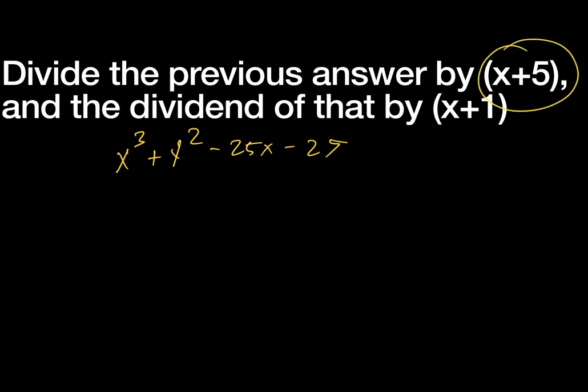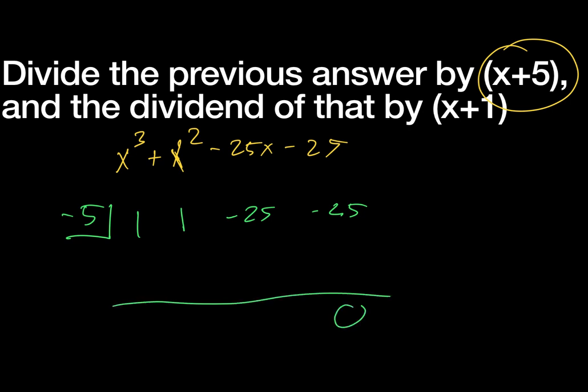Divide it by x plus 5. So you'd set it up and say 1, this is an x. So that's a 1, negative 25, and negative 25. Over here, my number is -5 because that's what makes this 0. Finish this out. If you do it, the remainder will be 0.